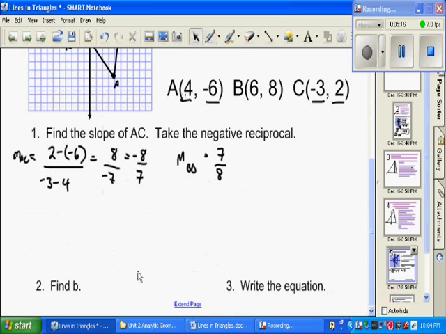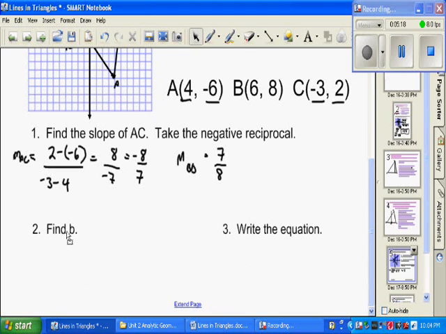Okay, so what we're going to do is we're going to find B using the point and the slope.